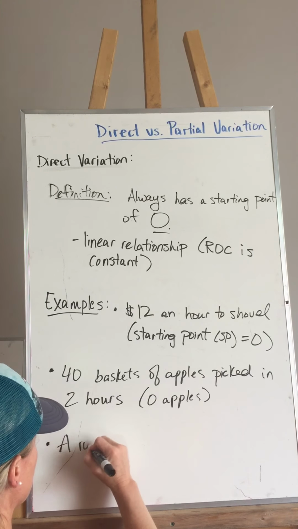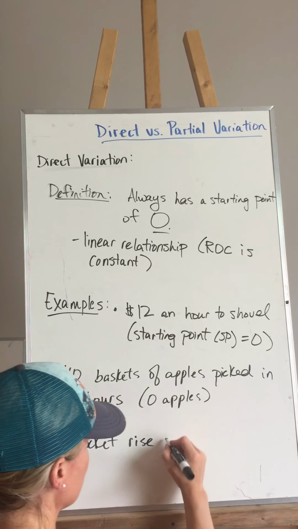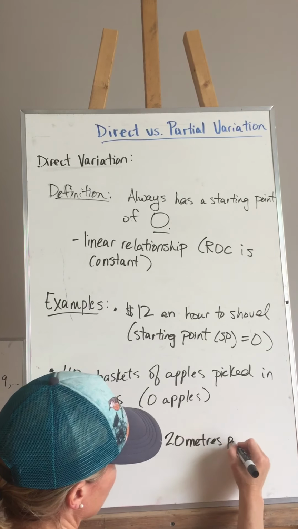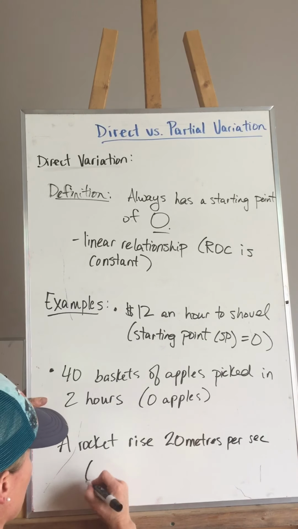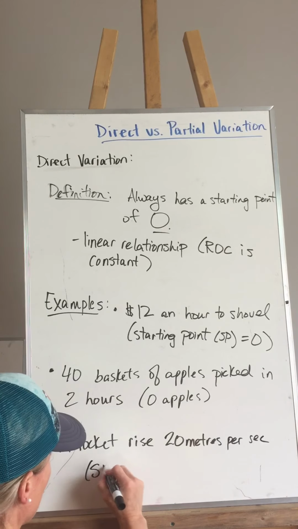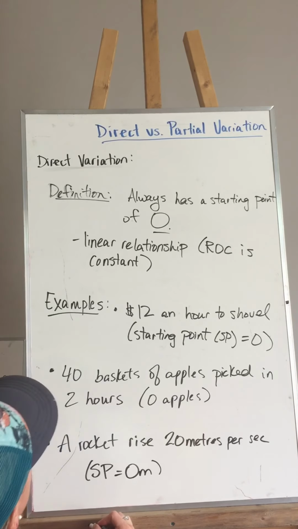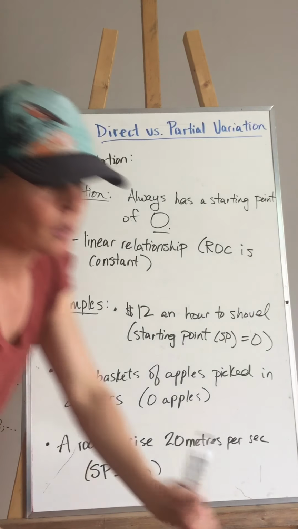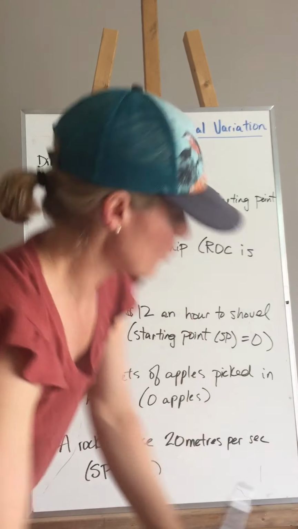A rocket rises 20 meters per second. Okay, and you're starting at ground zero, so starting point, SP, is 0 meters. Okay, so that's all direct variation. So those are all examples of word problems.